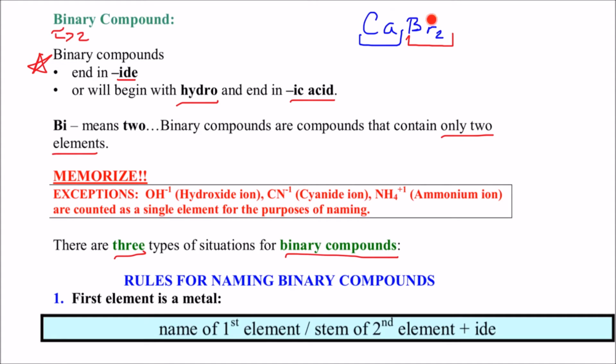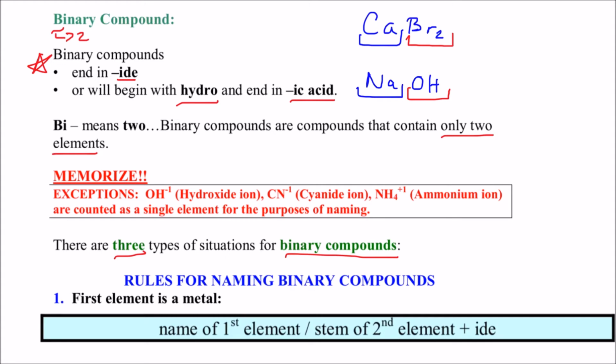There's a calcium element and there's a bromine element. Well, these exceptions right down here have 2 elements together functioning as the anion. So we might have something that looks like this. So here would be our cation and here would be our anion.